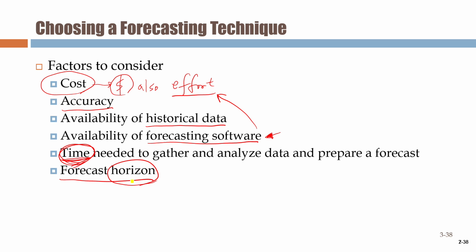Then maybe you have to rely on the qualitative method rather than the quantitative method, because even if you use the quantitative, it's not going to be right for 20 years later forecasting.